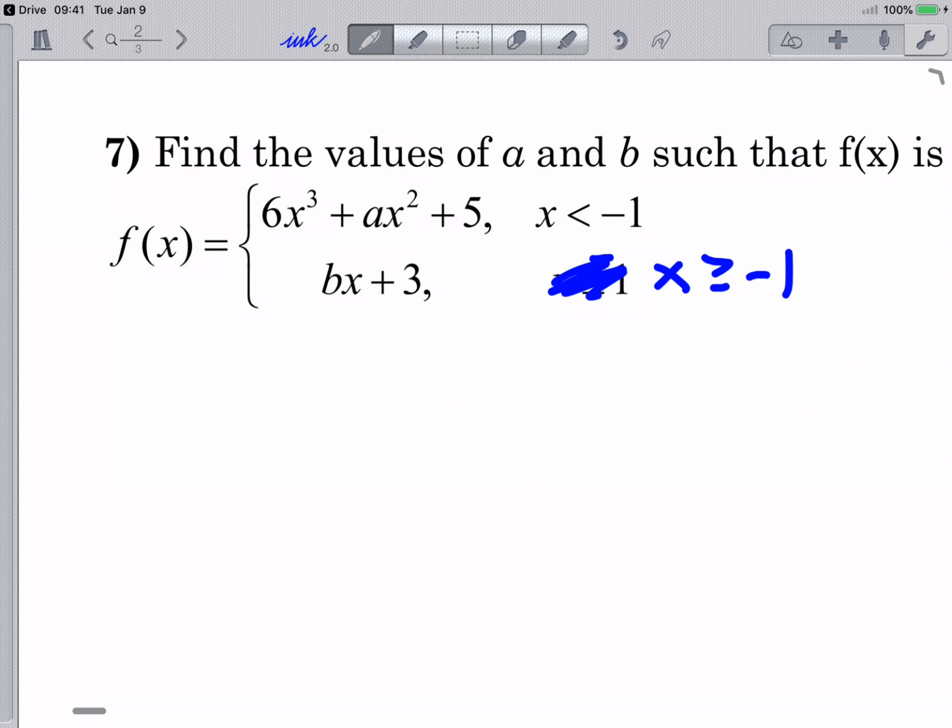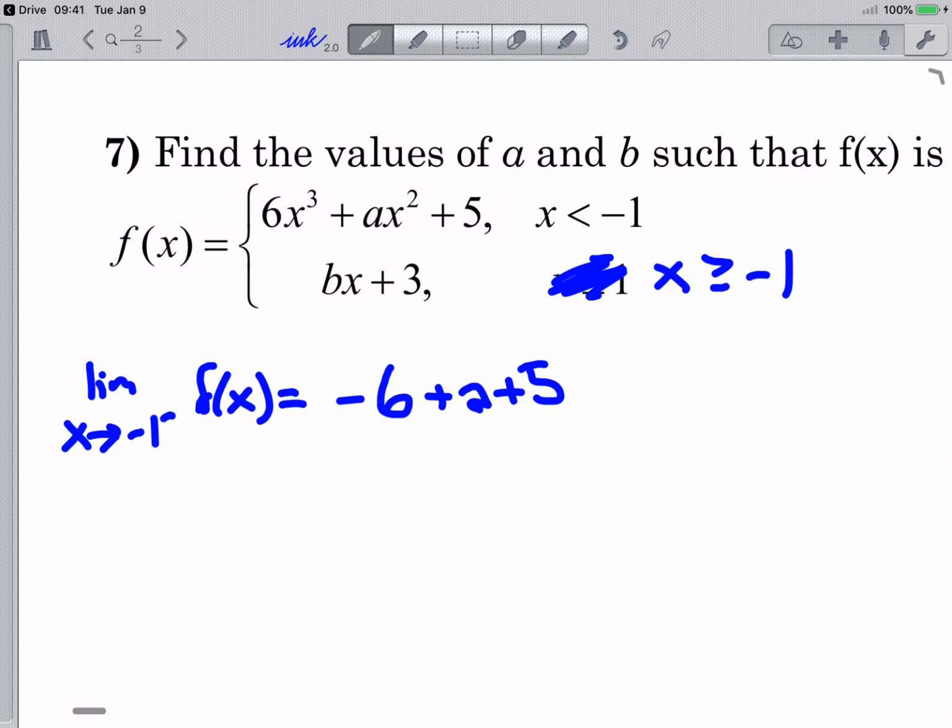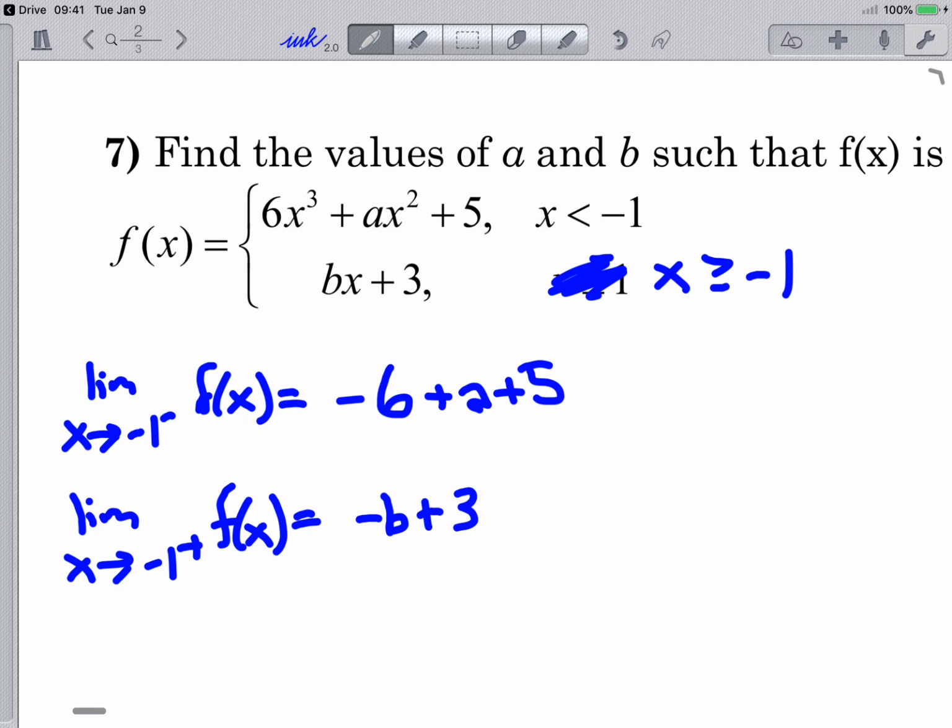So the first thing I'm going to do is the limit as x goes to negative 1 from the left of f of x, which means I'm just going to plug negative 1 into the top one. So I get negative 6 plus a plus 5. Then I'm going to do the limit as x goes to negative 1 from the right of f of x, and I get negative b plus 3.